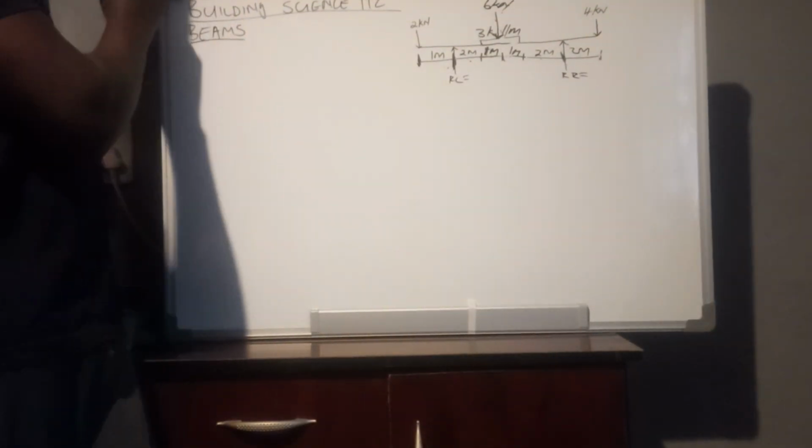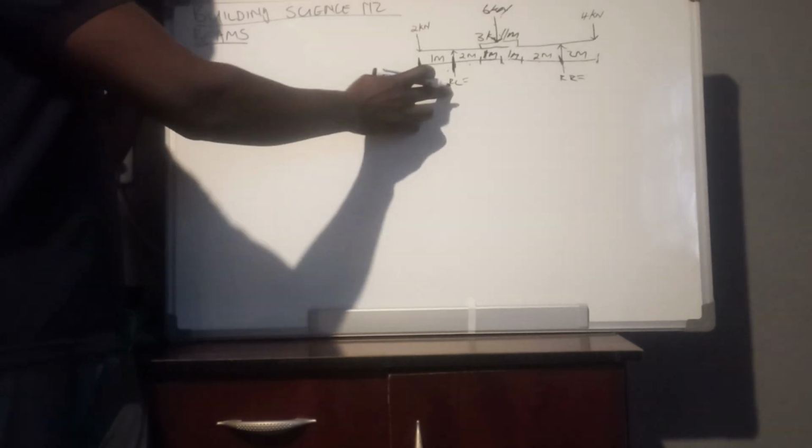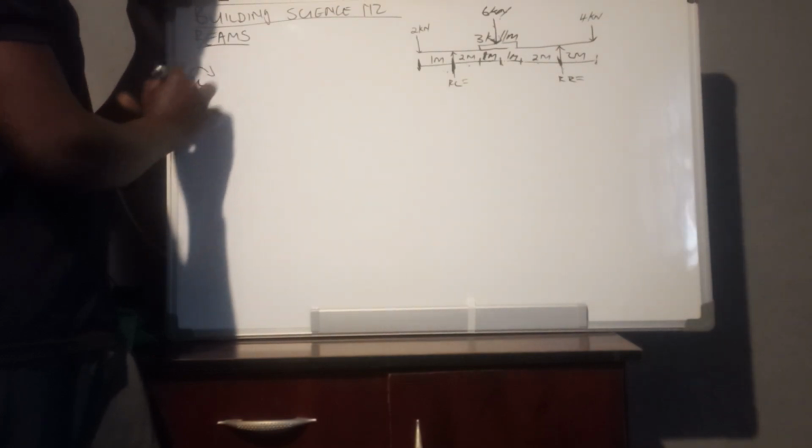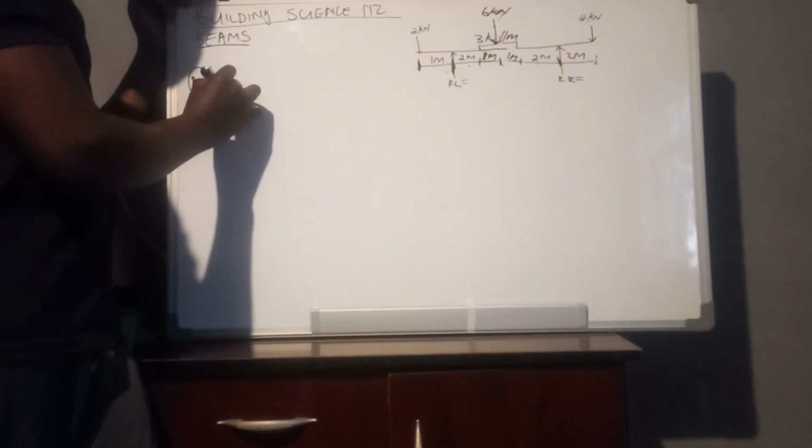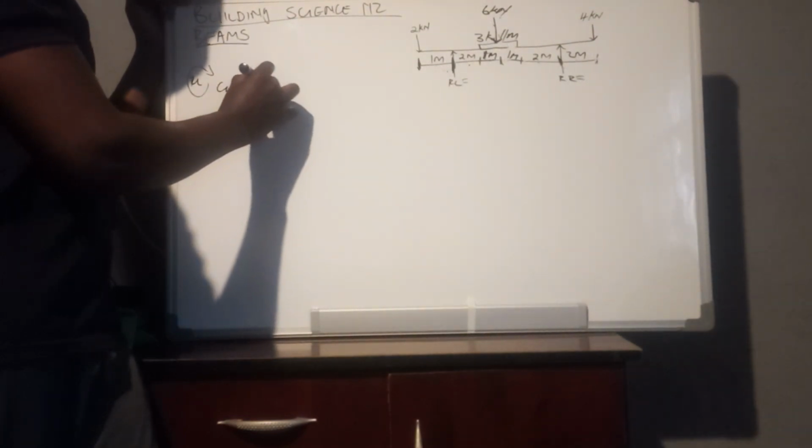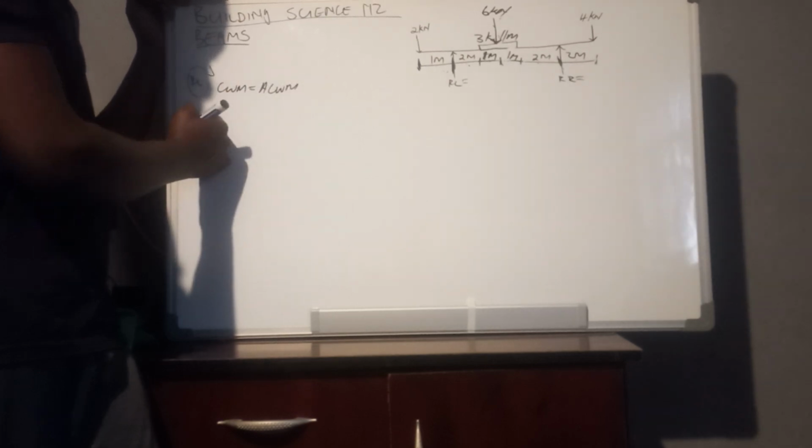Then from there, I'm going to start with RL, which means I'm going to say RL going towards RR, which is going to be something like this, which is clockwise direction. Then I do what? Clockwise movement equals anti-clockwise movement, right?